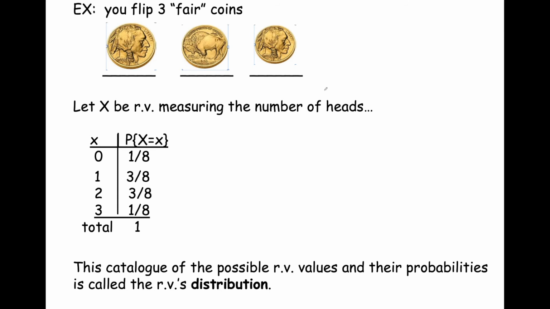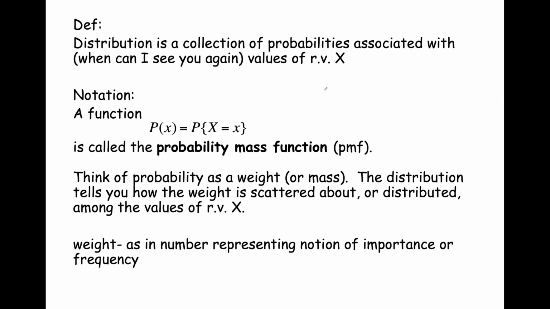Now, this catalog of all the values and the probabilities, that's called the random variable's distribution. So this distribution describes the collection of probabilities associated with each of the values that this random variable can take on, the result of this function.